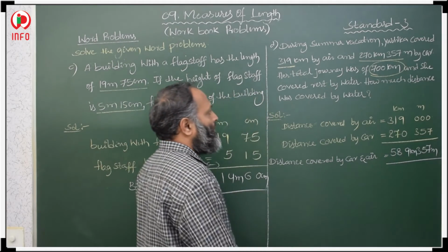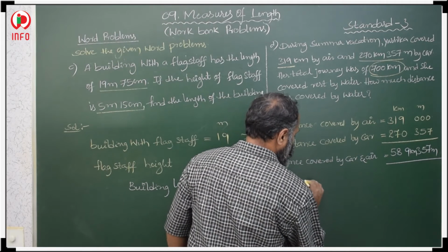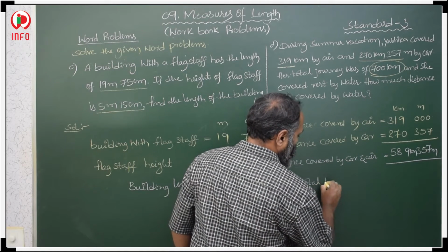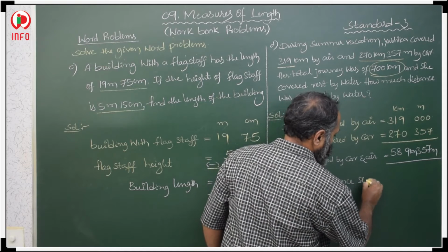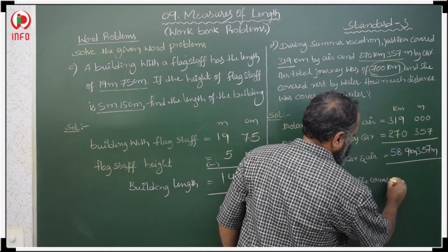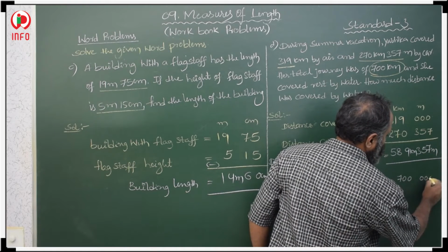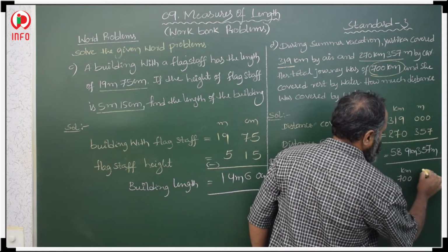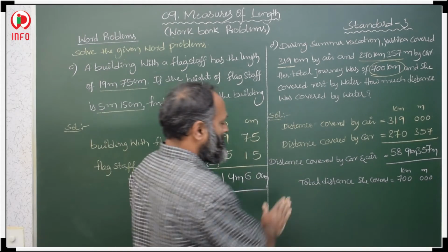Now, total distance, what she covered? Total distance she covered is equal to 700 kilometers. 700 kilometers means meters are 0. Here this is kilometers, here meters. Do one thing, leave some space and do.